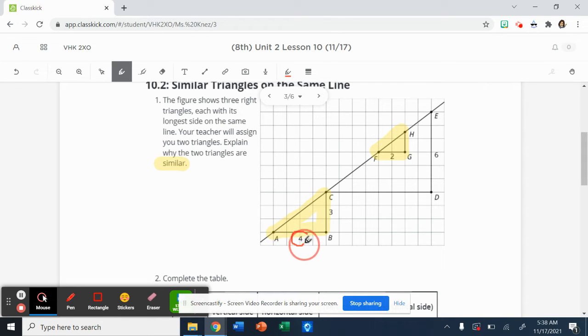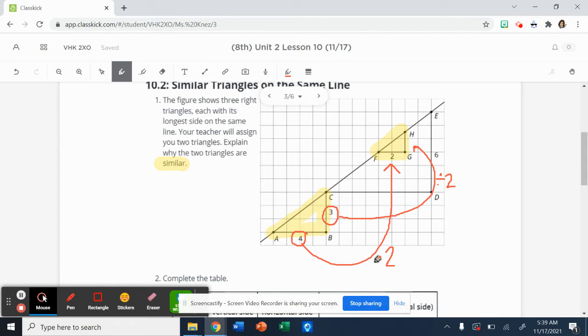When I move from AB, 4, to FG, 2, I'm dividing by 2. And I can see that when I move from CB, 3, to HG, I am also dividing by 2 because HG looks like it's just about 1.5.